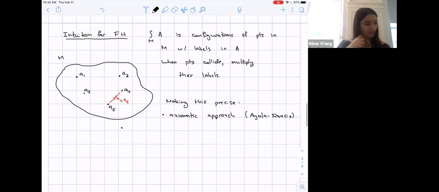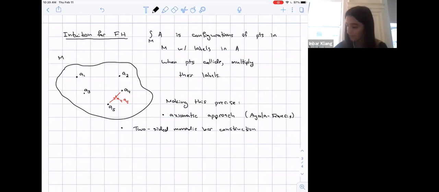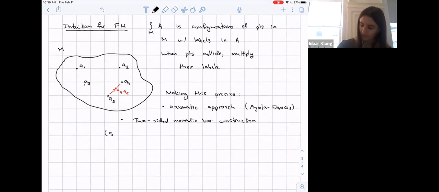So as a two-sided monadic bar construction, you can also approach it that way. There's many names of people who have thought about it this way.